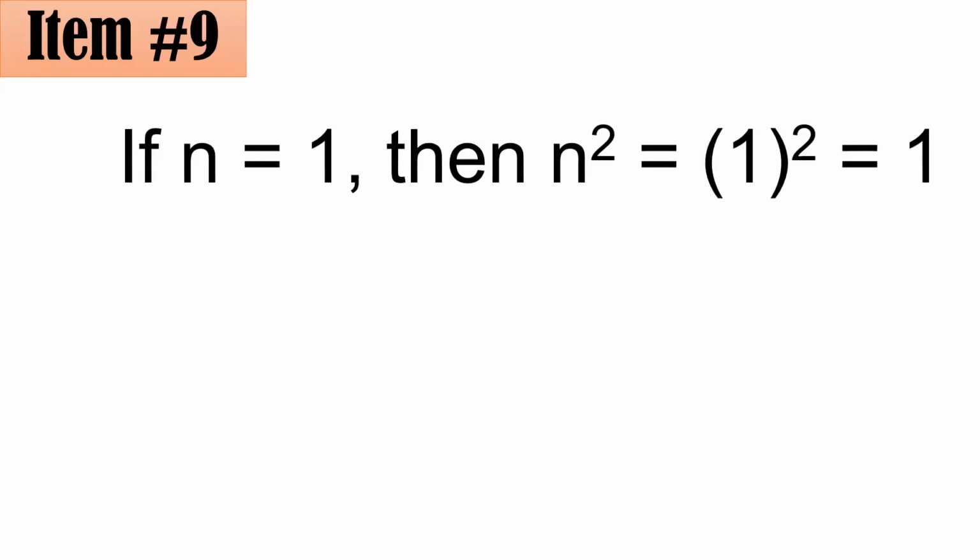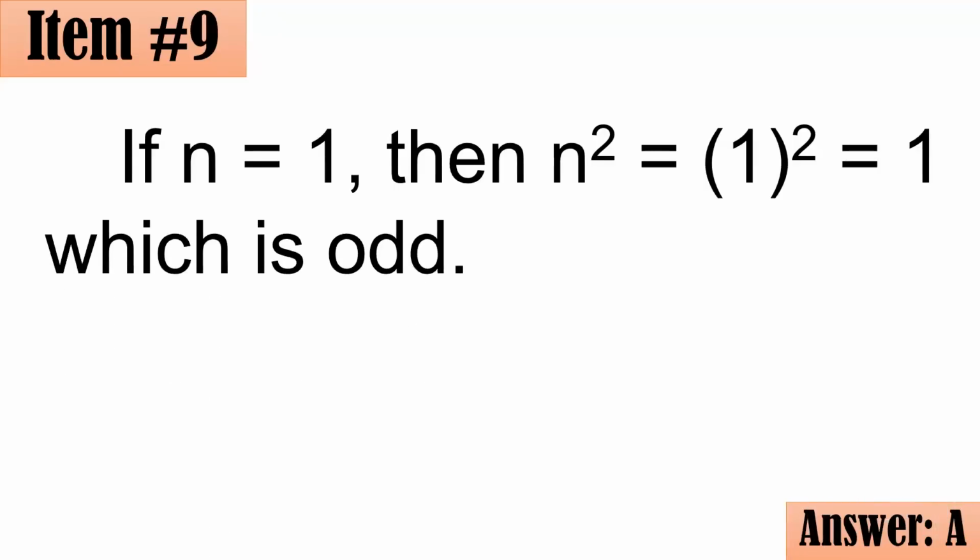For example, if we let n to be an odd number, say 1, you could see that n squared or 1 squared is equal to 1. That is actually odd. That's why if you square an odd number, expect to get an odd number as well. Letter A. Good job, everyone.